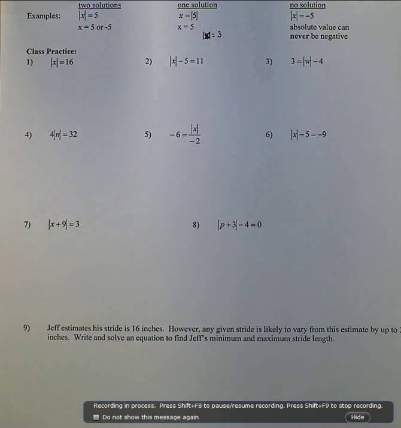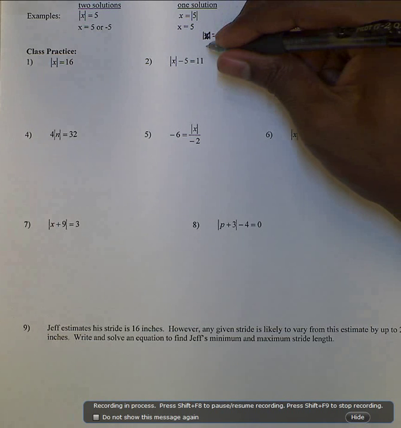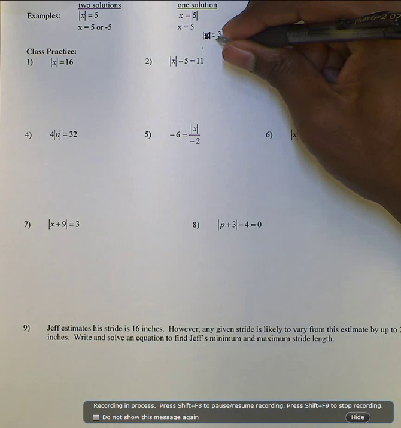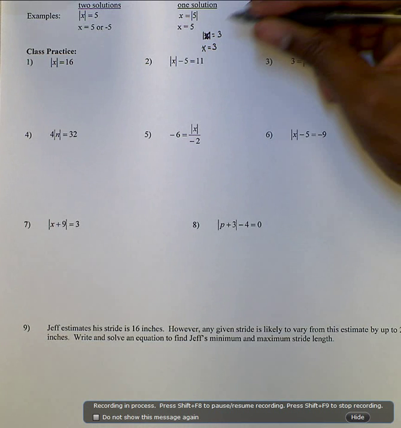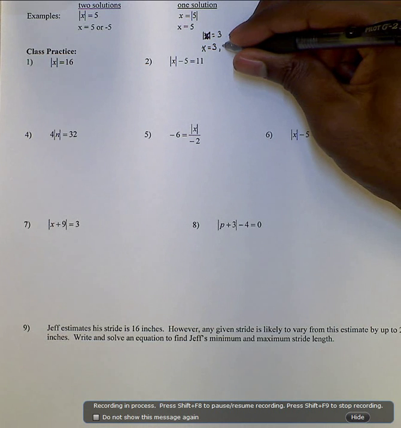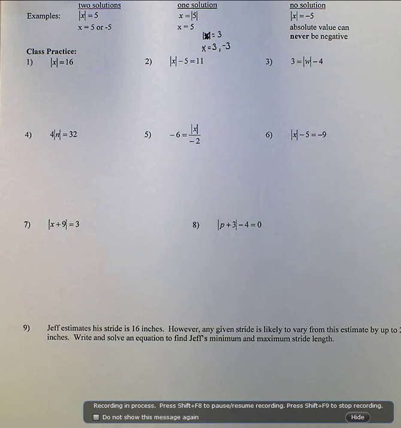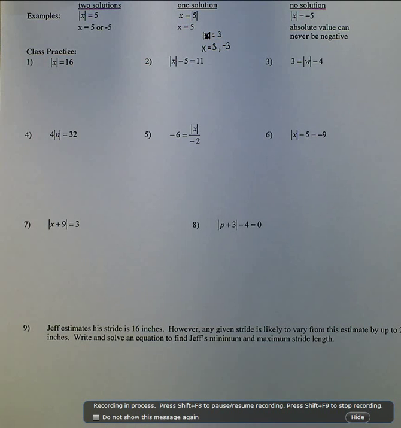Well, what could x be? Well, x could be 3, obviously. The absolute value of 3 is 3. But as we just said, x could also be -3. And so we'll look at solving problems with absolute values, our strategies and processes, to make sure that we get all the answers into our final solutions.